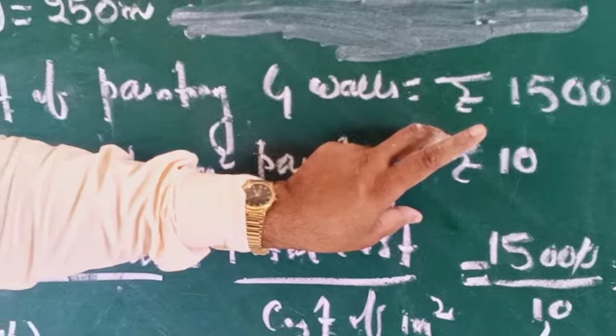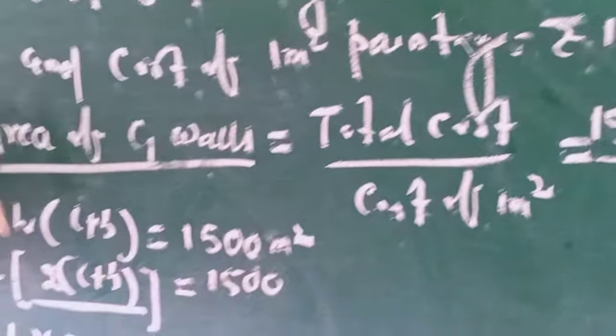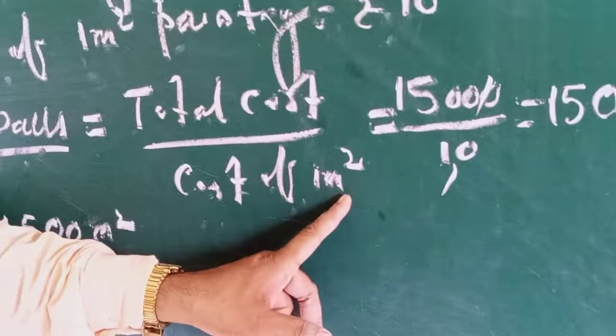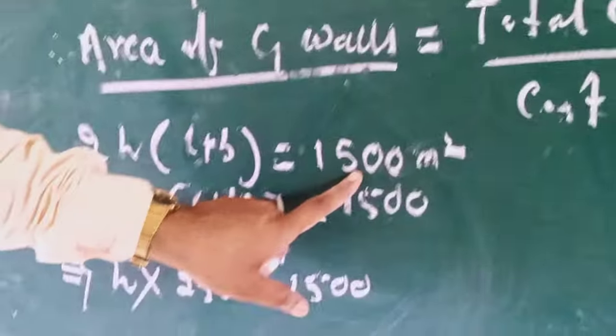Same thing: cost of painting 4 walls 15,000, cost of 1 meter square painting rupees 10. So area of the 4 walls is total cost divided by cost of 1 meter square, so 1500 meter square. This is the area of the 4 walls. But area of the 4 walls formula you know, 2H(L plus B) is equal to 1500 meter square.